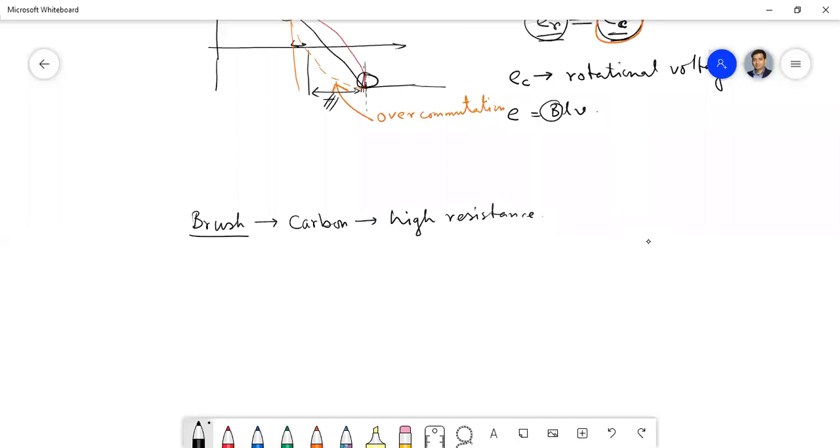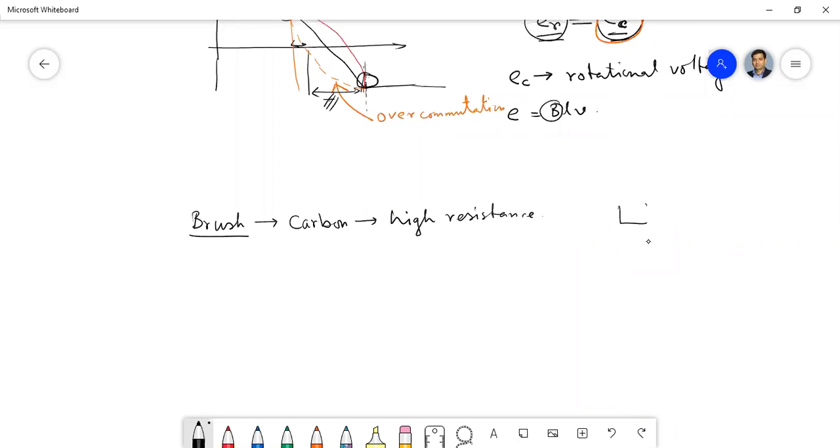Okay, but in general, the thickness of the brush is such that it can touch more than 2 commutator segments at a time. Okay, so 2 to 3 commutator segments it can touch at a time. So that means there is a possibility of short circuiting of coil. Are you getting?